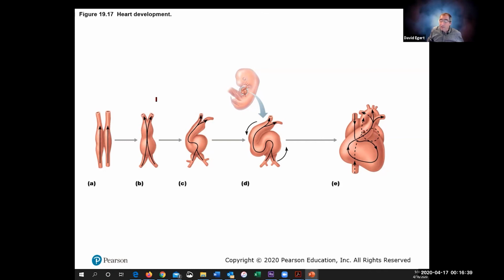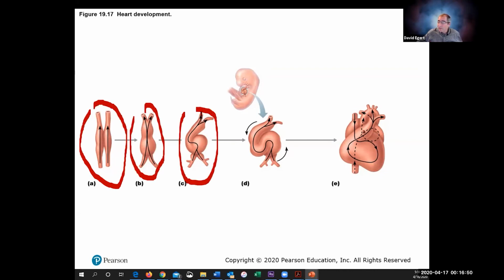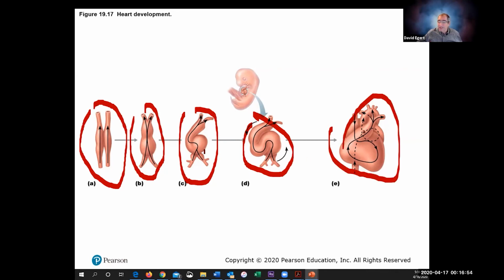So the heart starts beating and keeping blood flowing and keeping the tissues with oxygen and nutrients. But while it's beating, it's got to develop. So all of this development happens while it's still pumping your blood. It's just kind of mind-blowing to me.